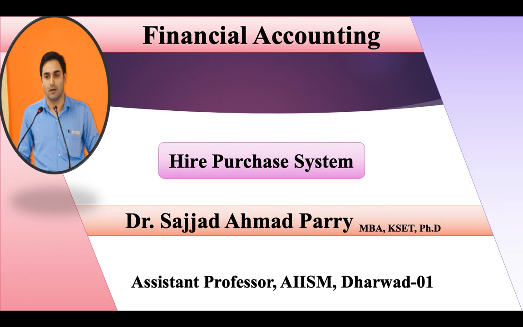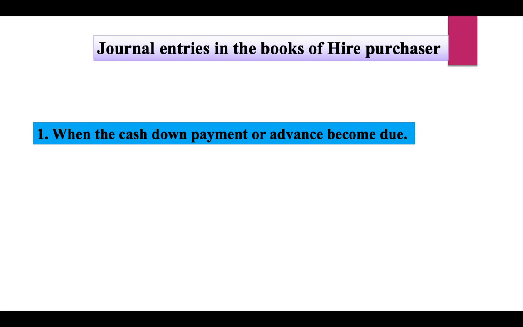So let us now understand how we are going to pass the journal entries in the books of hire purchaser under this asset accrual method. The first one is when the cash down payment or advance becomes due. Here two accounts are going to get affected.